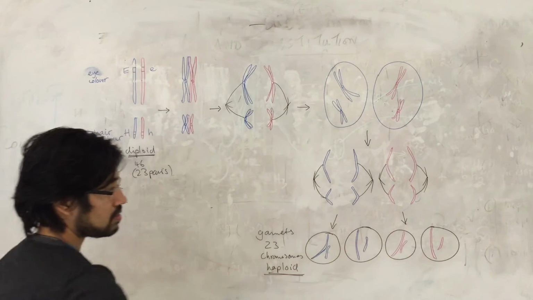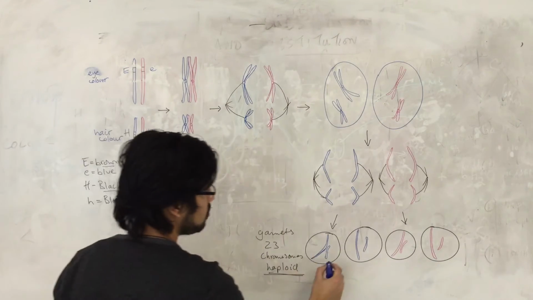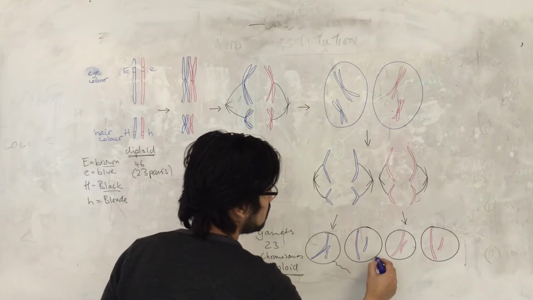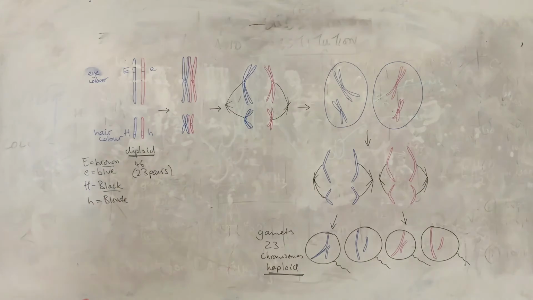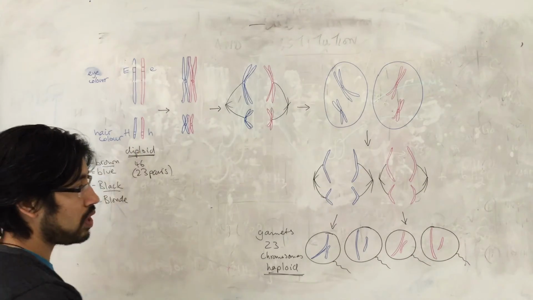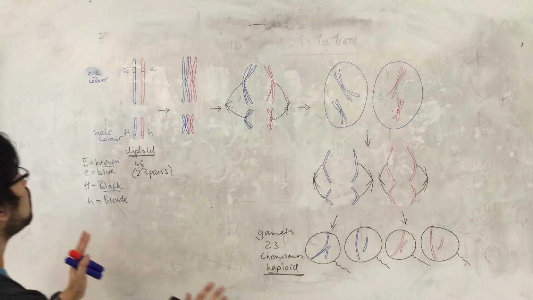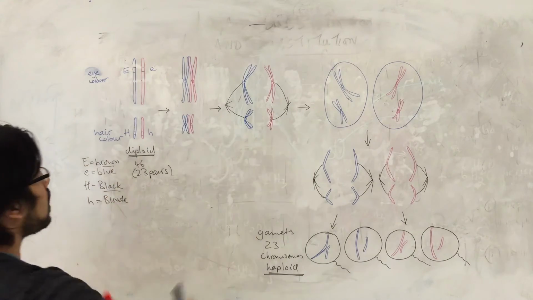Haploid gametes. All right, so say this individual is a man. These are the possibilities of his sperm in a very simple scenario. So let's just look at how that happens.